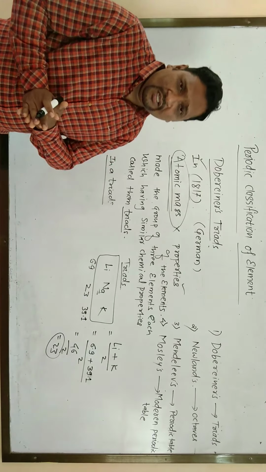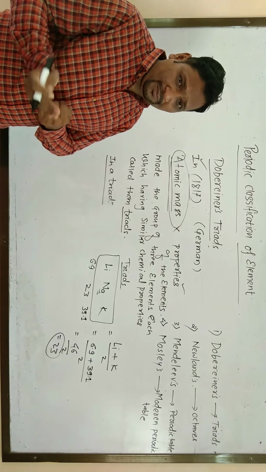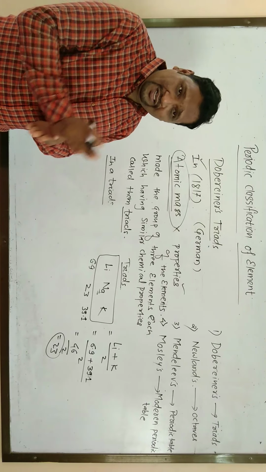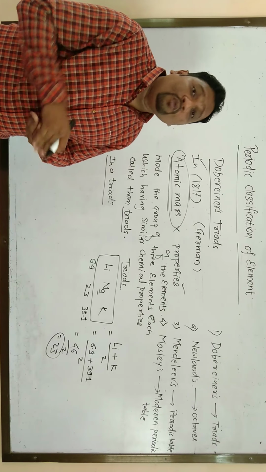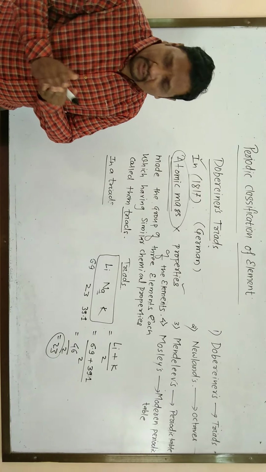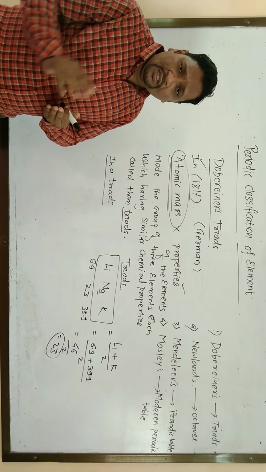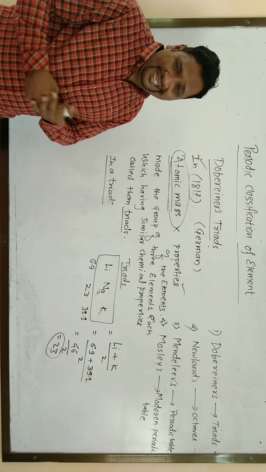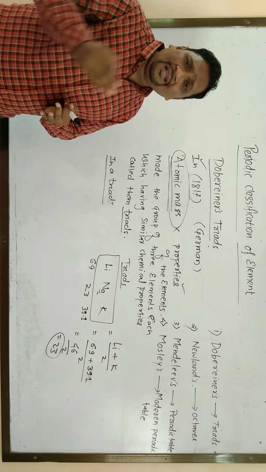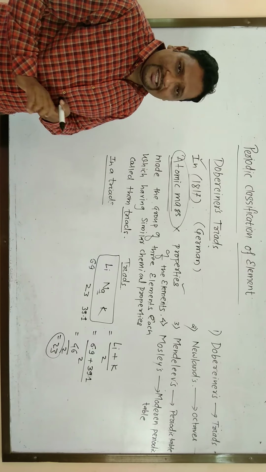He arranged the elements in the increasing order of their atomic masses in triads. First of all, we have to know what a triad is. A triad is very simple. He made groups of three elements each, having similar chemical properties, and called them triads.